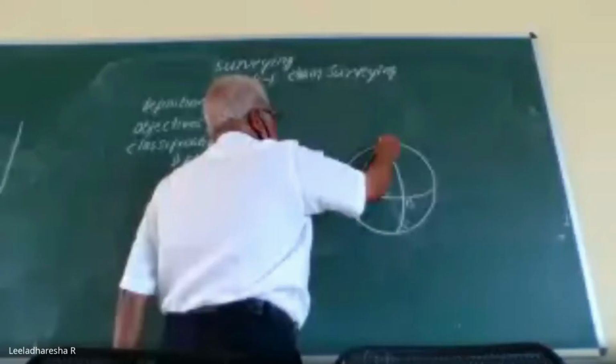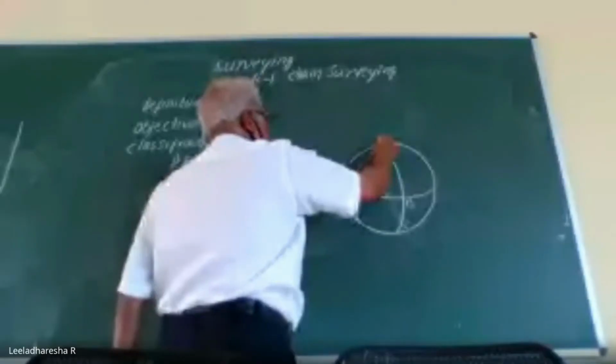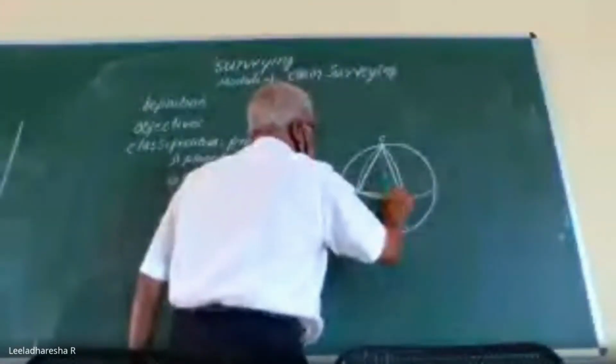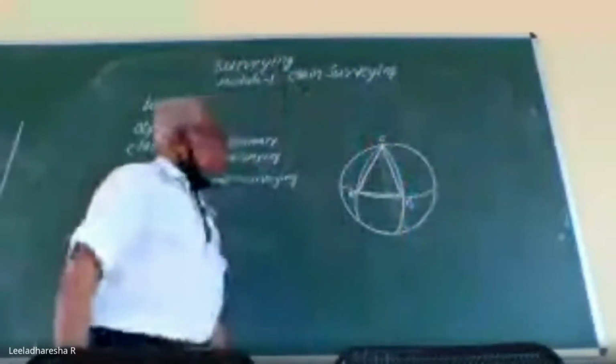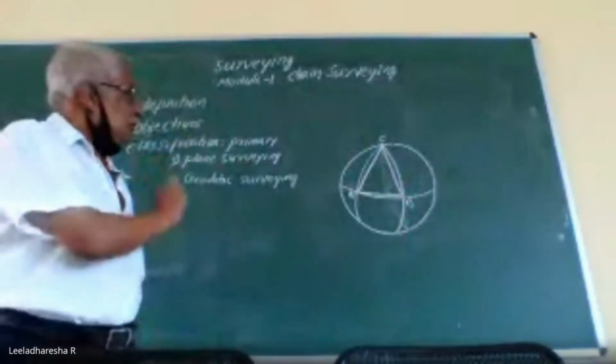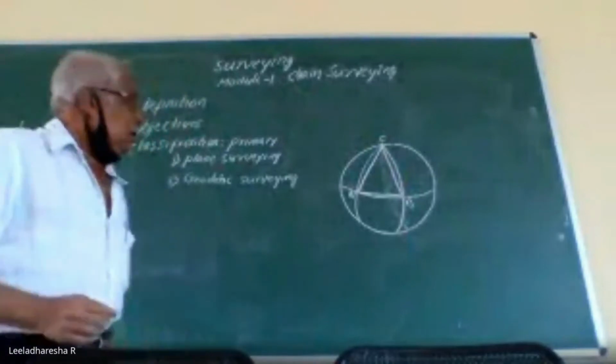But in plane survey, we assume that straight lines join the points. So this is another difference between plane survey and geodetic survey.